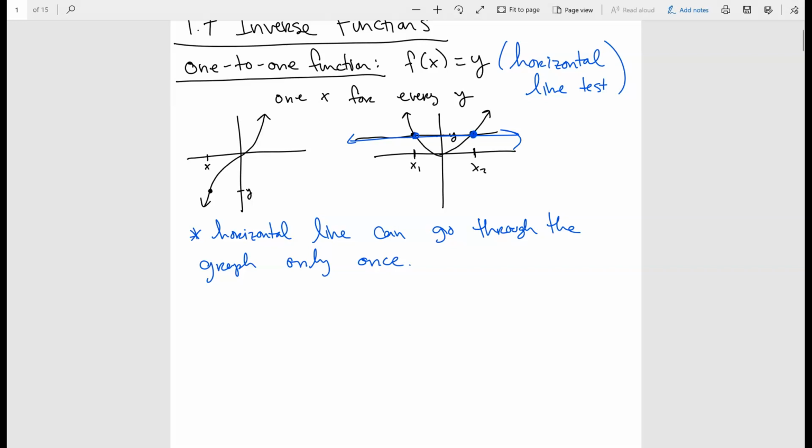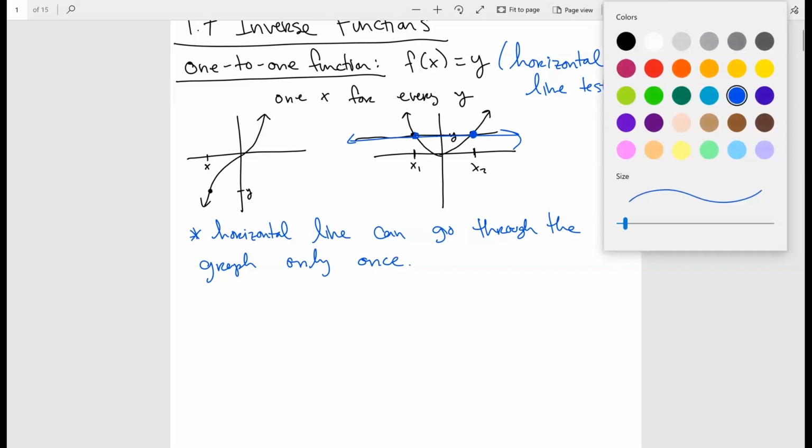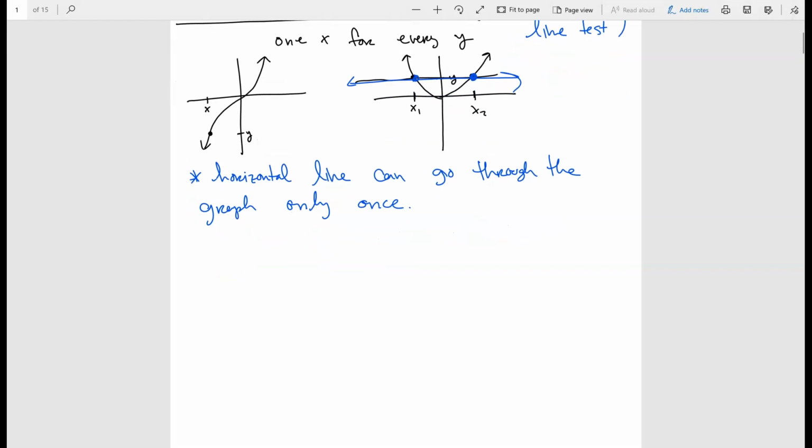Now, one of the good things about one-to-one functions is that inverses exist. So an inverse exists if something is one-to-one.